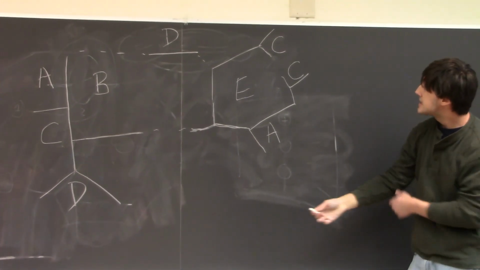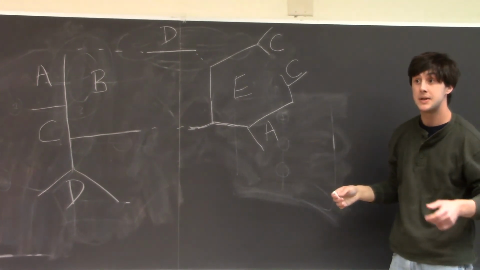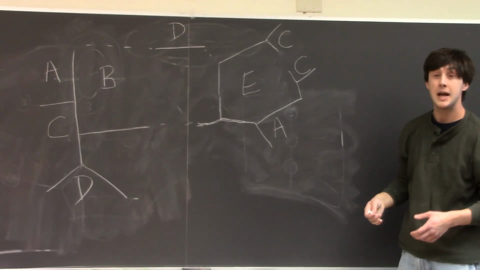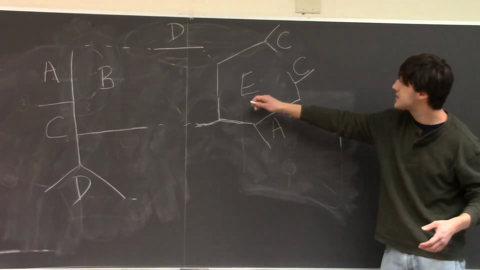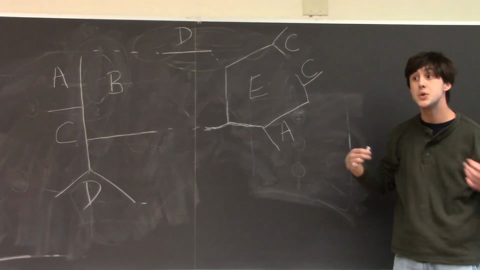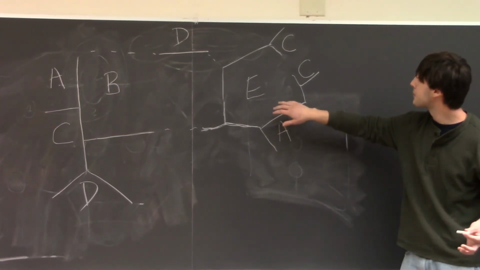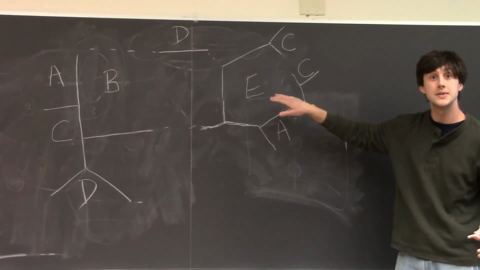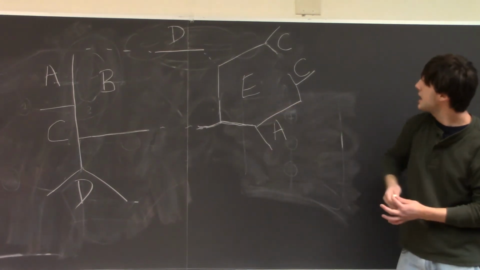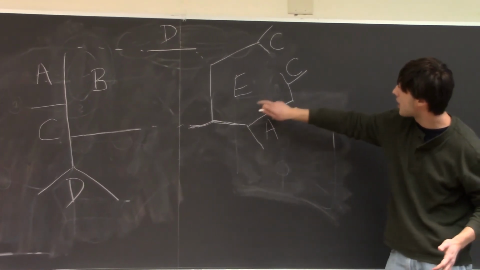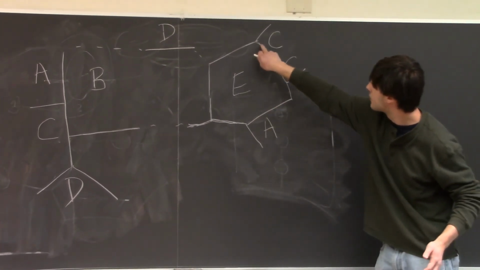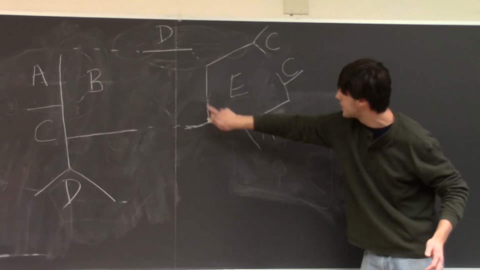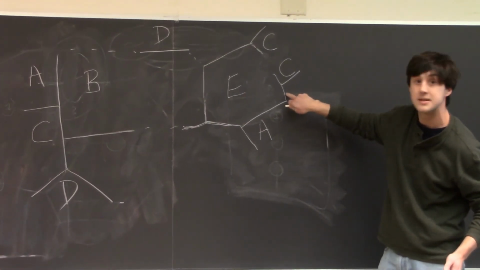If your map contains more than 7 regions and is complete, then E is adjacent to at least 7 other regions. Right? If you count the number of edges that appear already around region E, you have 1 from C, 2, 3, 4, 5, 6.